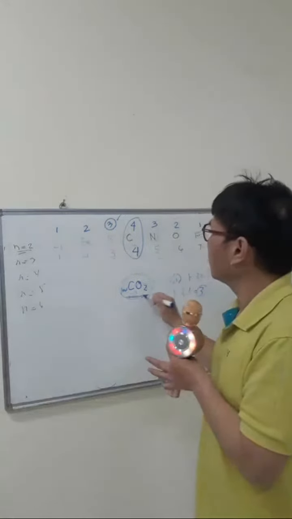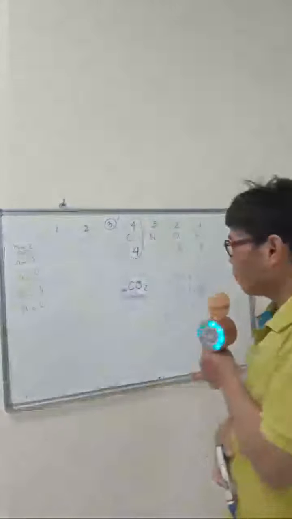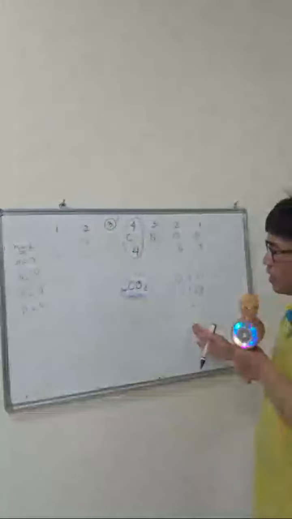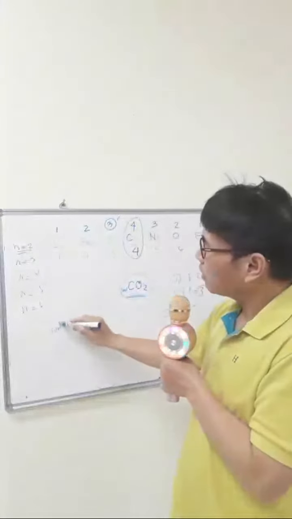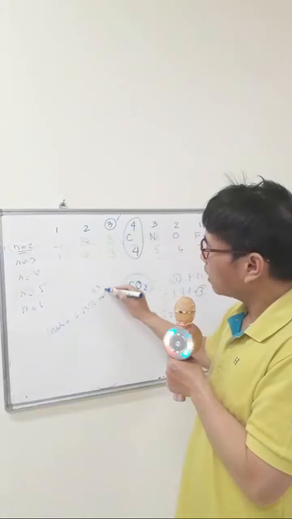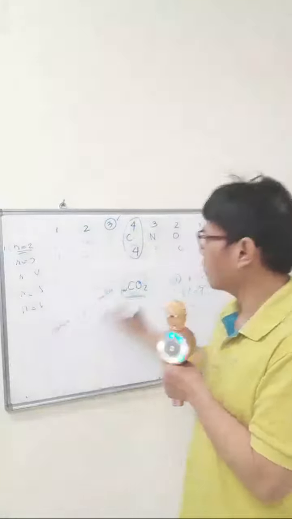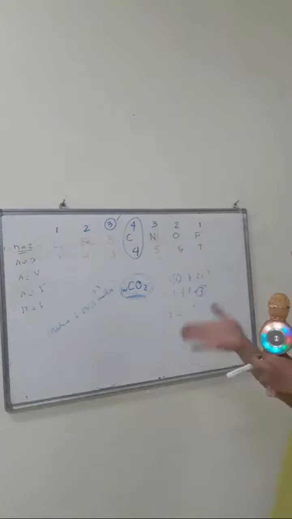Then how many molecules? The molecule is another story. Since you know 1 mole is equal to 6.023 times 10 to the 23 molecules. You can never say 1 molecule of CO2, it is wrong grammar in chemistry. You need to say 1 mole of carbon dioxide.